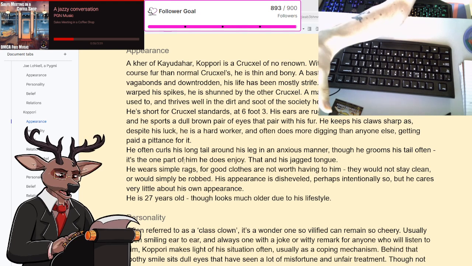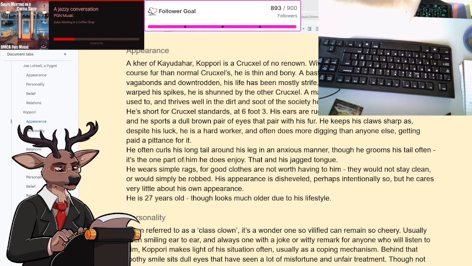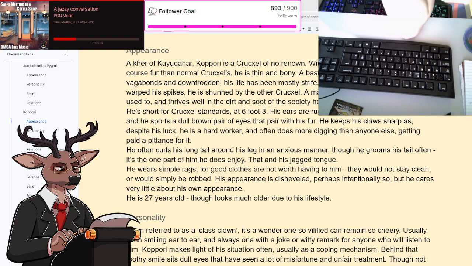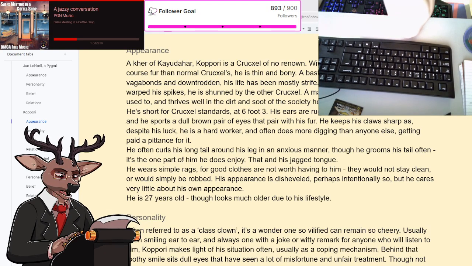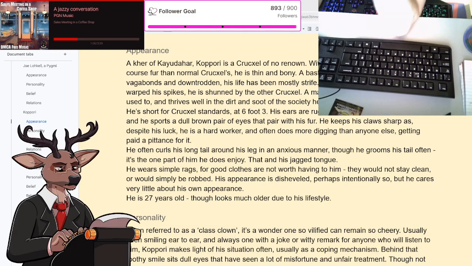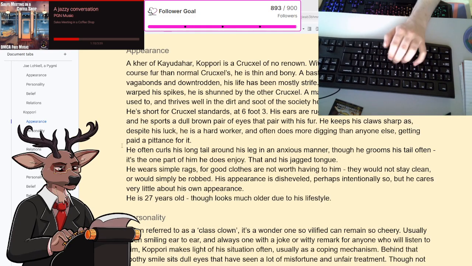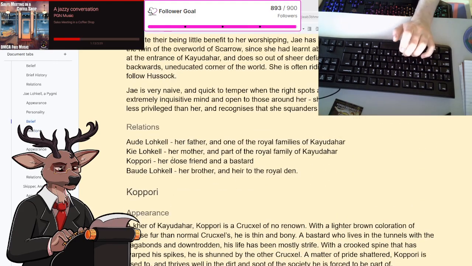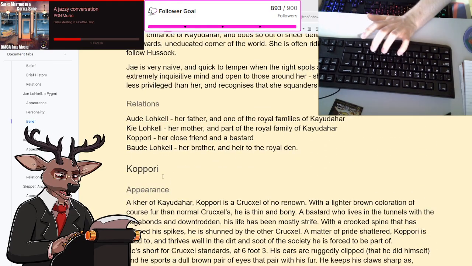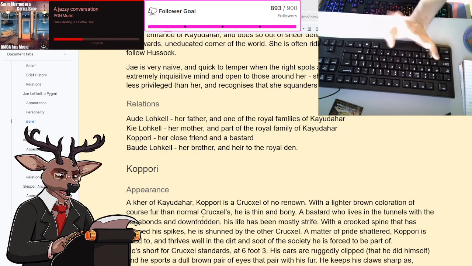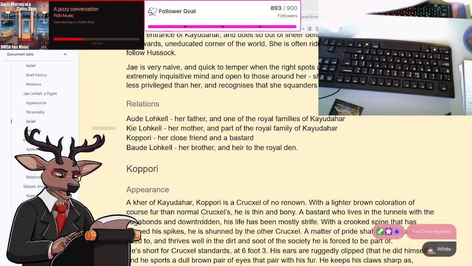God, look at my pasty white. Look at this. There we go. Yes, my elbow is disgustingly white. Hi, Dust. I'm waving at my screen at you.